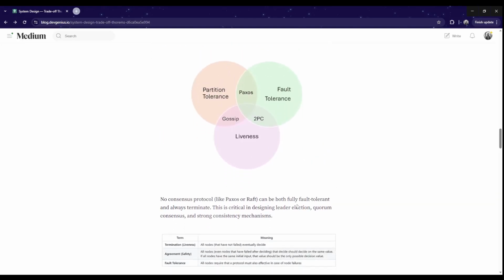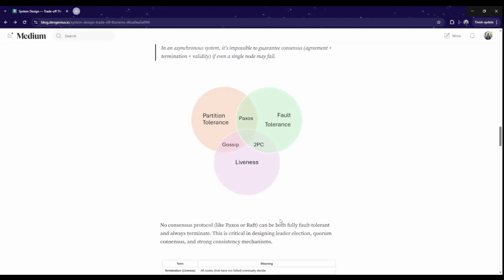So if we see a few examples, we can't guarantee a consensus in case we have a fault tolerant and always terminating system. This is critical for designing leader election algorithms like quorum, gossip, and other systems.